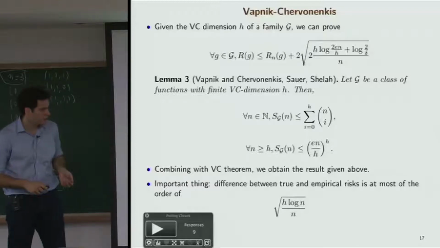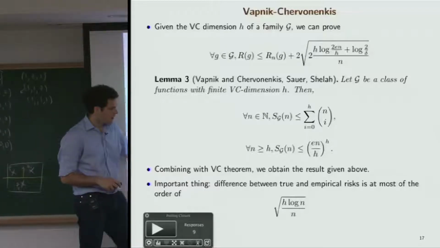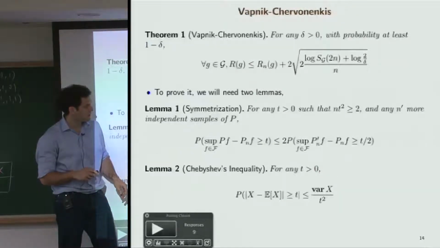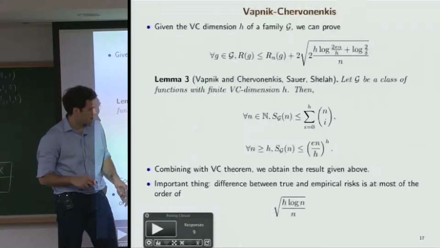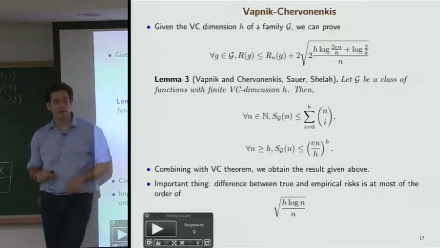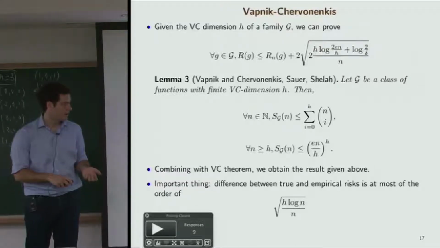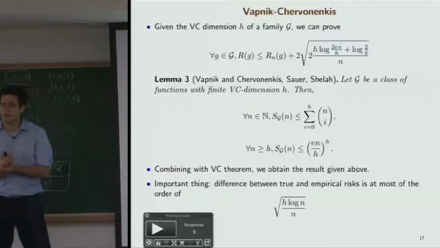Okay? So if you just substitute into this bound the growth function S_G of 2n, so you put 2n here, and you just put it in the log here, well, you get exactly the bound that we had before, except that now it depends explicitly on the VC dimension. Okay?